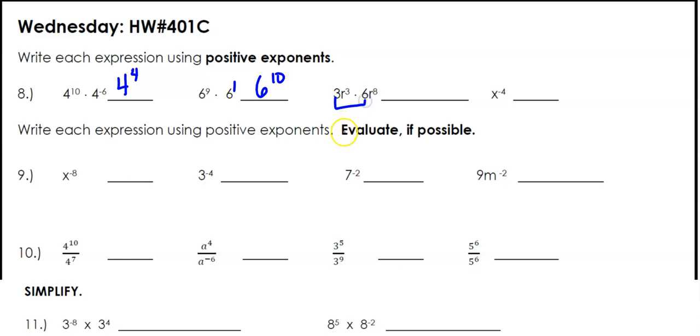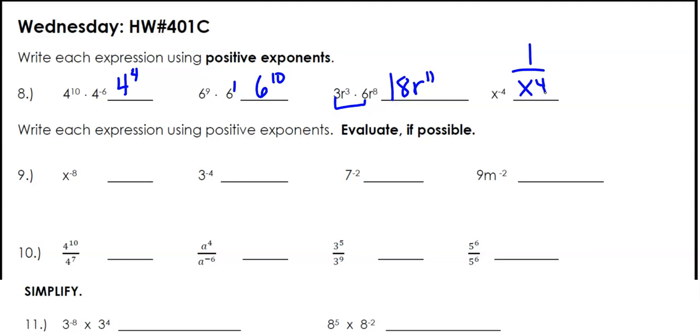Now this one here we have some coefficients, so those actually do get multiplied. But our like bases of r stay the same, and we add the powers. Now the problem with this one is the power is not positive. So in order to make it positive, we need to take the reciprocal, right? We need to put a 1 on top, and then that power becomes positive. So that x to the 4th.